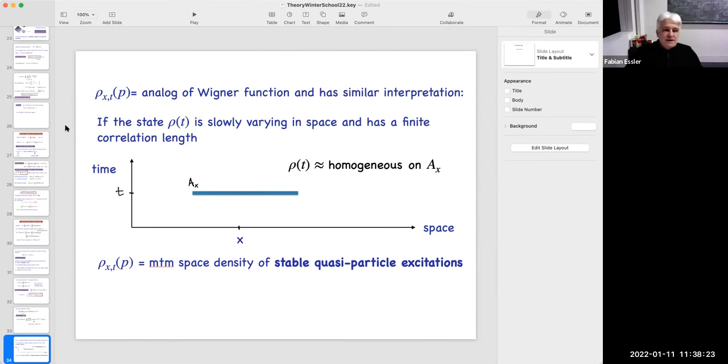For interacting integrable models, this picture generalizes. If you have some state at finite energy density, you can excite stable excitations around that state. Stable means infinitely long-lived; they don't decay because the conservation laws stabilize them. So that's a characteristic property of integrable models.